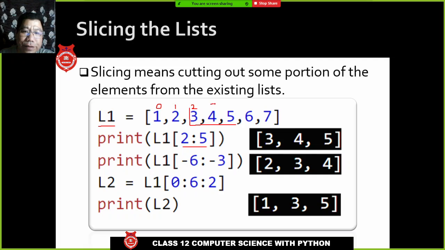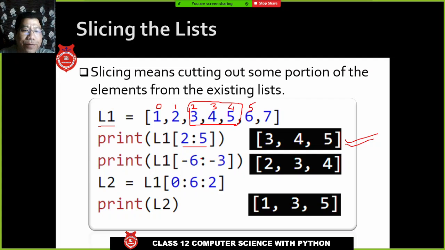This is 3, this is index number 4, and this is index number 5. So 2 to 5 means just less than 5. So we are going to cut out these indexes, so it will print 3, 4, 5. Is it clear? I hope, if you listen carefully, it will be clear.